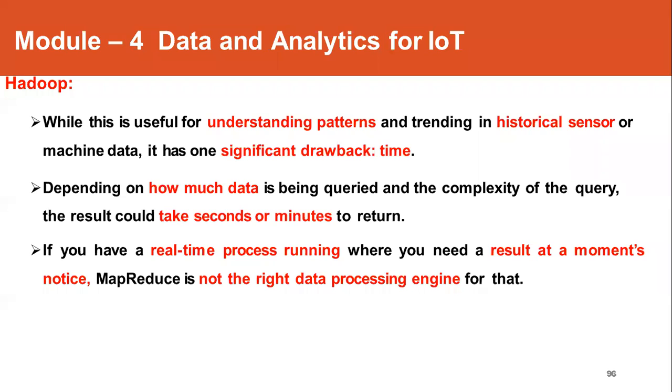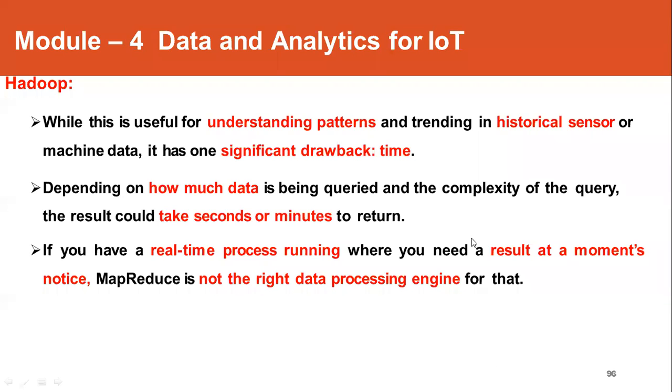So this MapReduce technique is useful for understanding the patterns and trends in historical sensor or machine data, but it has a drawback: it takes a lot of time to produce the result.